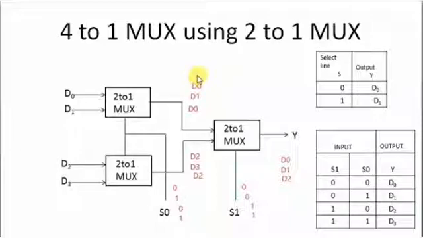So you can see D1 is selected here and D3 is selected here, but as S1 is 1, for the 2x1 MUX when select line is 1, the second input, which is D3, will be selected, so the whole output will be D3. So this is how it will act as a 4x1 MUX. You can see that for 00 D0, 01 D1, 10 D2 and 11 D3 is selected. So this is how we can implement a 4x1 MUX using 2x1 MUX.